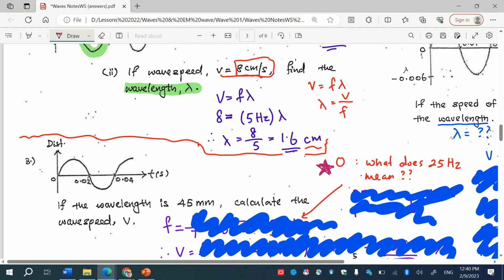Given this graph, transverse wave, if the wavelength lambda is 45 mm, calculate the wave speed v. Okay, you know v needs to be equal to f lambda. So you need to find your f first.